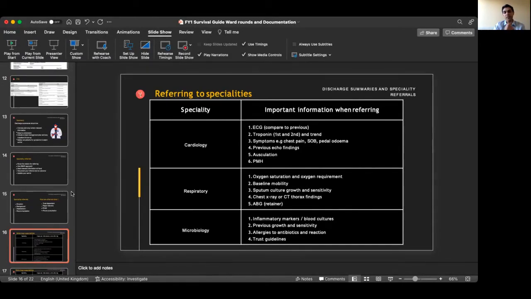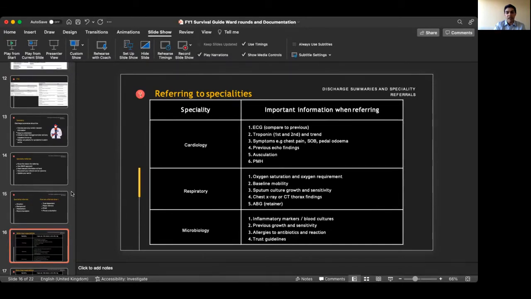When referring to microbiology, the microbiologists might want to know about any inflammatory markers, so any blood tests, including white cell count, neutrophil count, CRP. Are those raised, are they going down, and the trend in those. Any blood cultures taken, and has the blood culture grown anything?